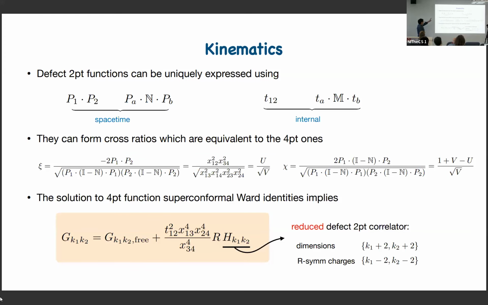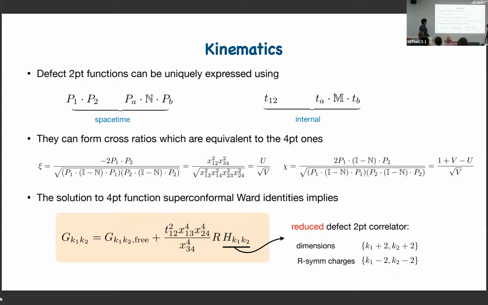Okay, now when we go to 2-point functions, symmetry is no longer powerful enough to fix everything. Out of these building blocks, you can construct cross ratios. For the conformal part, you can construct these cross ratios, xi and chi, and these can be related to the UV cross ratios we defined for 4-point functions.